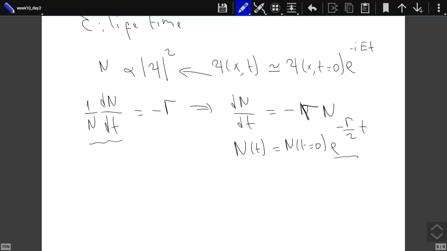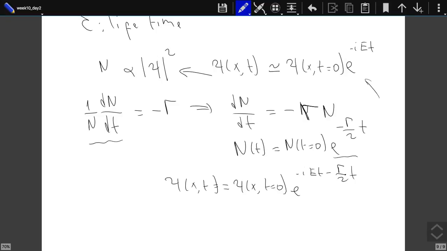So this is if it is almost stationary, then the only time dependence is due to this e. But now there is also this tunneling probability. Even if I create a particle in a given state, the number of particles in my region is decaying away. So that I can just model as a non-unitary evolution of my wave function. So I can just say that psi of x and t is equal to the wave function at t equal to 0, e to the power minus iEt minus gamma over 2 times t.